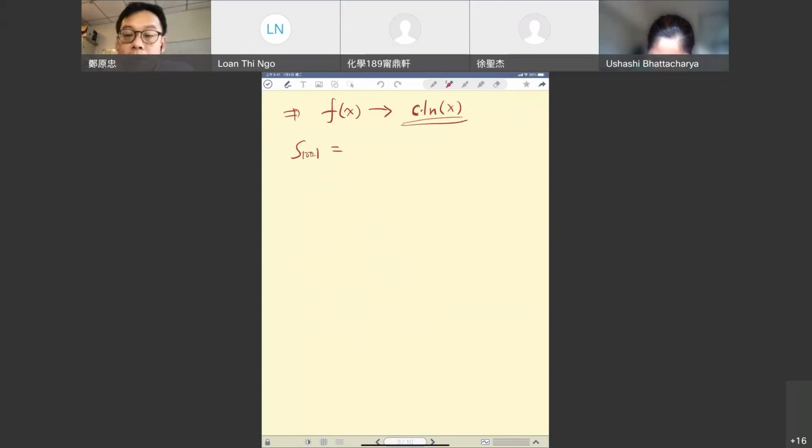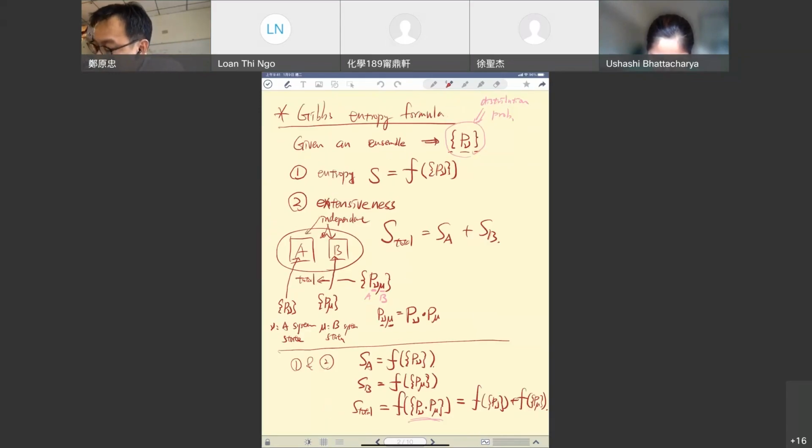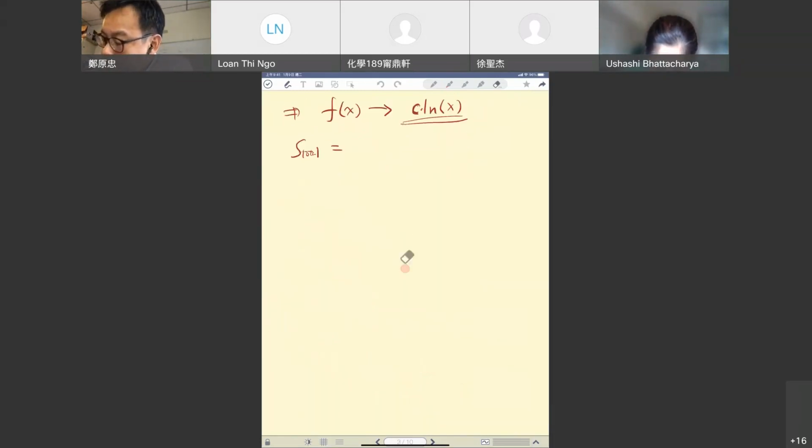Using this expression, S total should be calculated. This should be some natural log function.